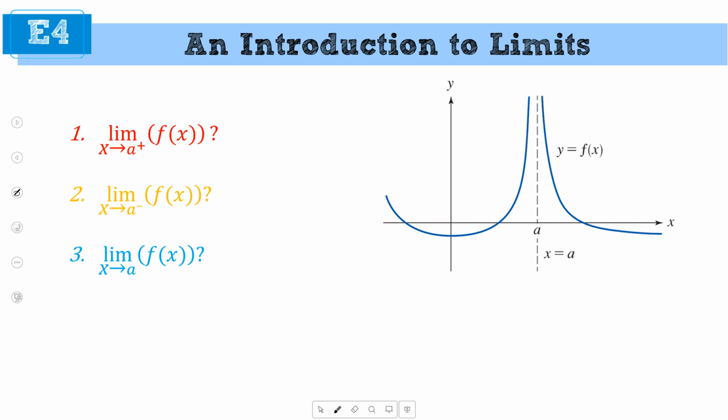X equals A. So as it approaches that, there's infinity, negative infinity, and then so wouldn't it just be infinity still? Because as you approach to the left and right, it's still infinity. Yeah.